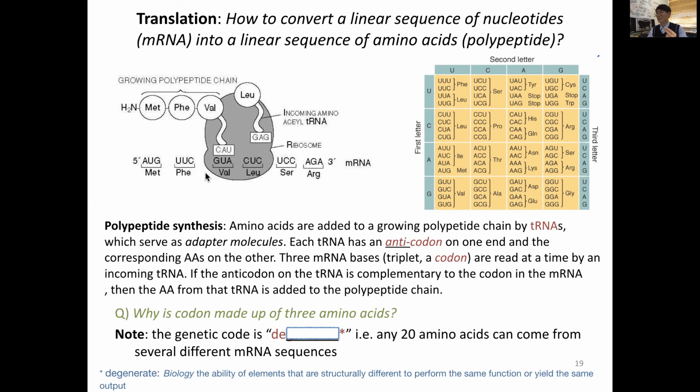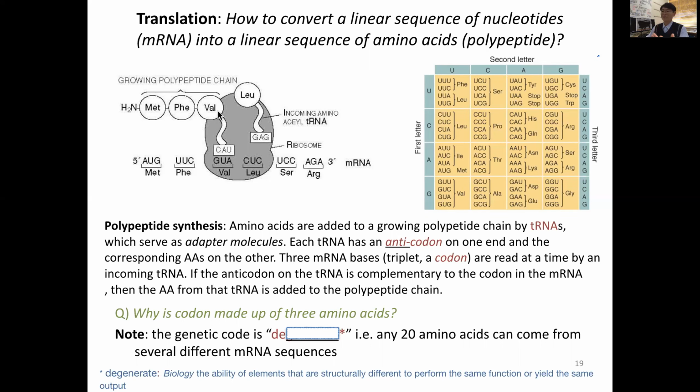So 3 mRNA bases we call a triplet or codon. This is read at one time by an incoming tRNA. So if the anticodon of the tRNA is complementary to the codon region in the mRNA, then the amino acid from that tRNA is added to this polypeptide chain.